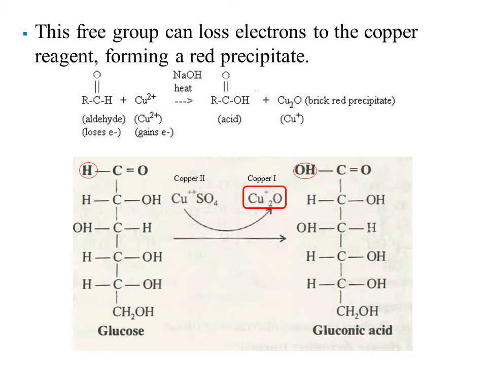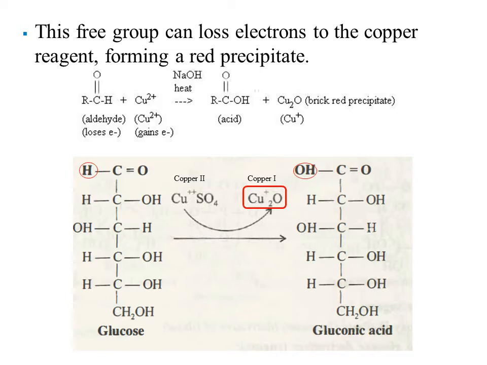So this solution that we will use in lab is called the Benedict's reagent. It is a blue liquid. Inside of the blue liquid is the copper reagent. If a reducing sugar is present, and if we add heat to the solution, the reducing sugar will donate a free electron.